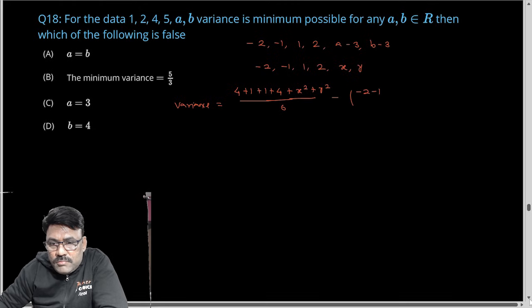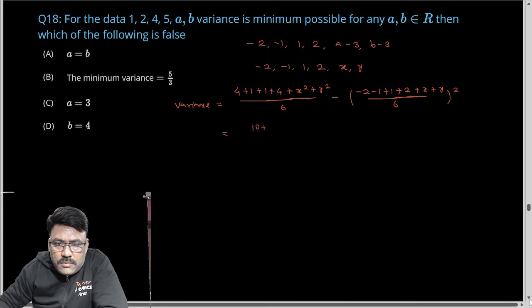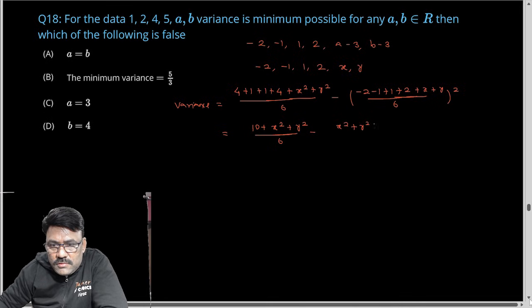So -2, -1, 1, 2, x, y over 6 whole square. Now you are getting here 10 plus x square plus y square by 6. And here you are getting x plus y whole square, means x square plus y square plus 2xy by 36.